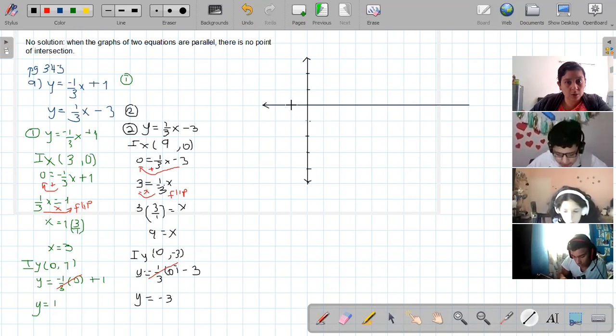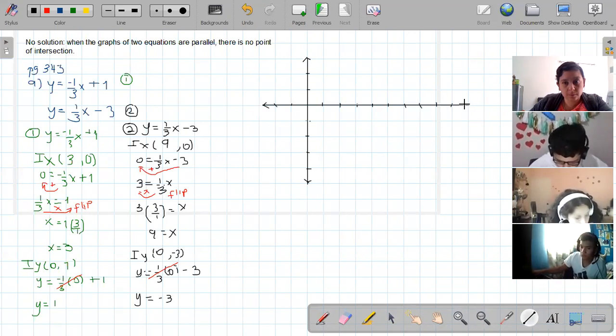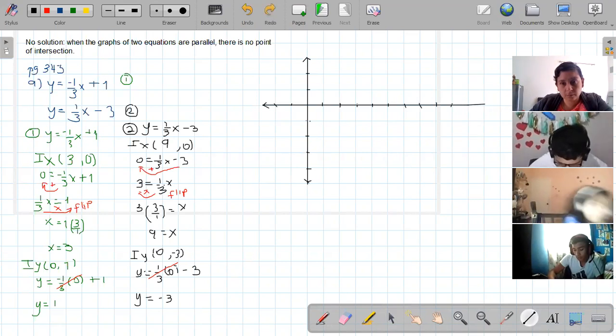On the x: -1, -2, +1, +2, +3, 4, 5, 6, 7, 8, 9. I'm going to make it a little bit longer. 2, 3, 4, 5, 6, 7, 8, 9.